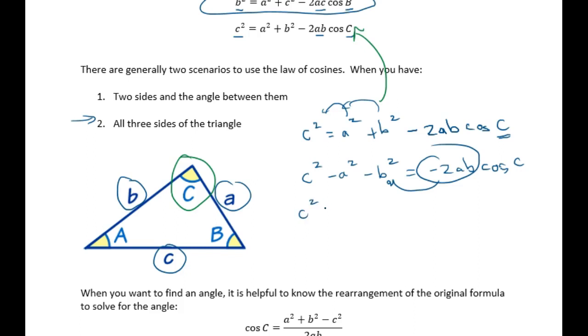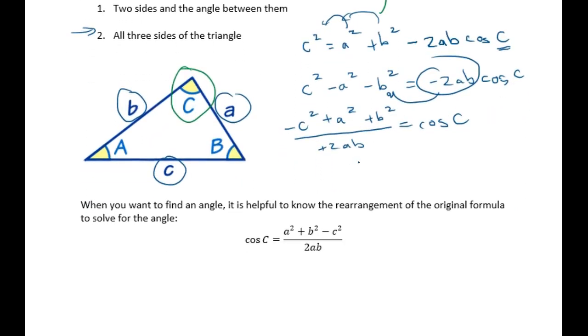So c squared minus a squared minus b squared divided by negative 2ab is equal to cosine of C. And then you notice that you can just change the negative signs when you divide by a negative, which is why we get this rearranged version of the formula: cosine of C is equal to a squared plus b squared minus c squared divided by 2ab.